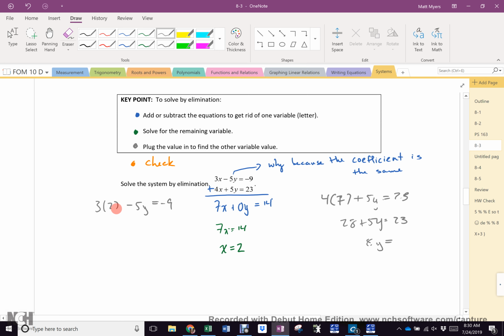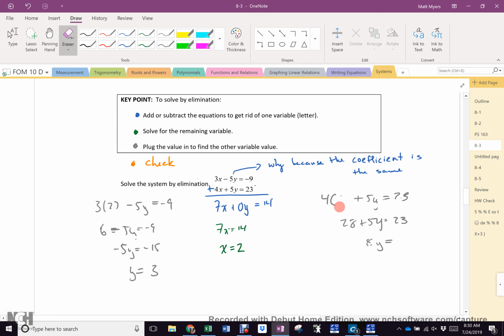That's okay. It's the morning. Negative 5y, because x was 2. So 6 minus 5y equals negative 9. Negative 5y equals negative 15. Y equals 3. Now, back over to here. Where were we?